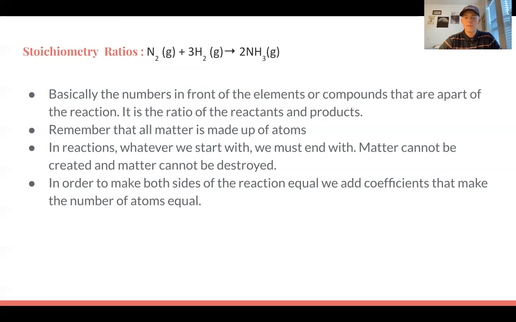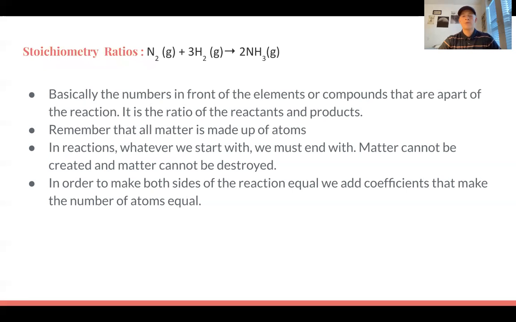If you think about it for long enough, you really will be able to understand the ins and outs of it and manipulate it to get to the answer that the question is seeking. So if we look through the bullet points, stoichiometry ratios are basically the numbers in front of the elements or compounds that are a part of the reaction. It is the ratio of reactants and products.